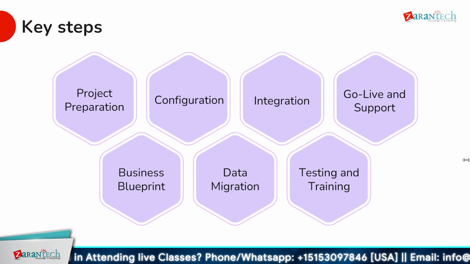This step involves gathering requirements, assessing the current processes, and defining the project plan. The next step is the business blueprint phase, where the future state processes and the system designs are documented. This involves mapping business requirements to SAP MM functionalities and creating a detailed blueprint document.